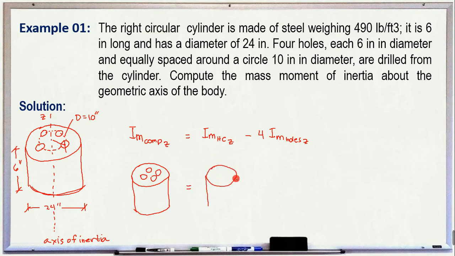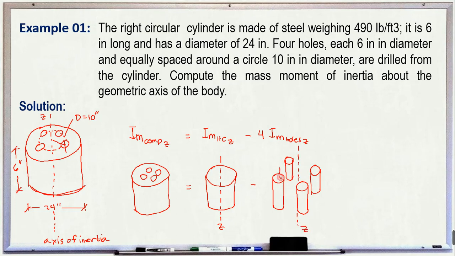So the moment of inertia of our huge cylinder, again, with respect to the z-axis, minus the 4 holes. So, 1, 2, 3, 4. These are also cylinders. Okay. That's it. And the axis of inertia is the z.